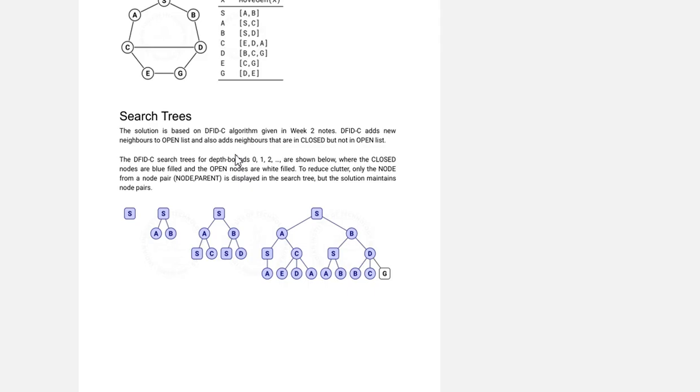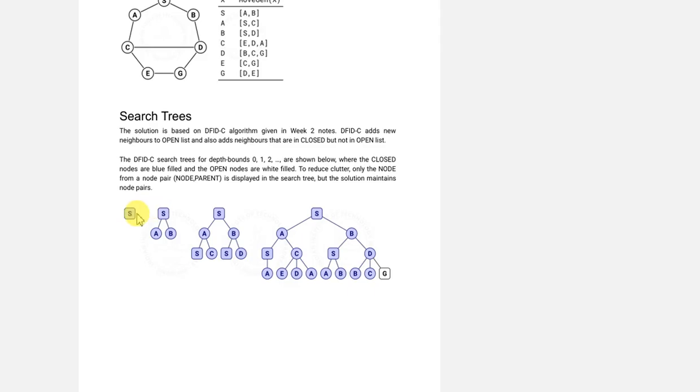So in DFID-N, those nodes which are present in closed and open will not be added. But in DFID-C, we will add the nodes which are present in the closed list, but the nodes which are present in the open list we will not add further.